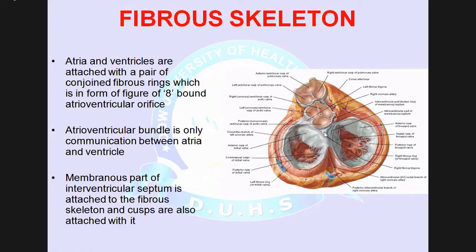The AV bundle is the only communication between the atria and the ventricles. Otherwise, there is no communication, and these are regulated independently. The AV bundle helps regulate their movement.